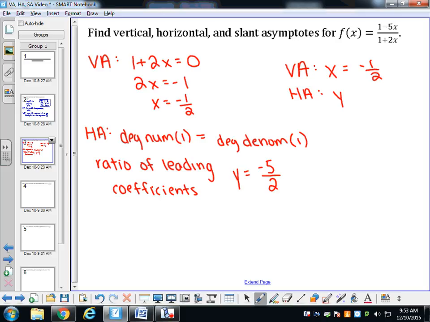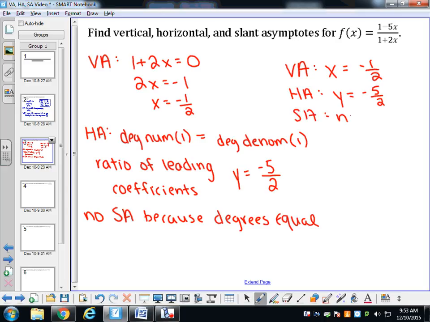So my horizontal asymptote is y equals negative 5 over 2. Now again, there is no slant asymptote because the degrees are equal. The degree of the numerator is not exactly 1 more than the degree of the denominator. They're the same, so there is no slant asymptote here.